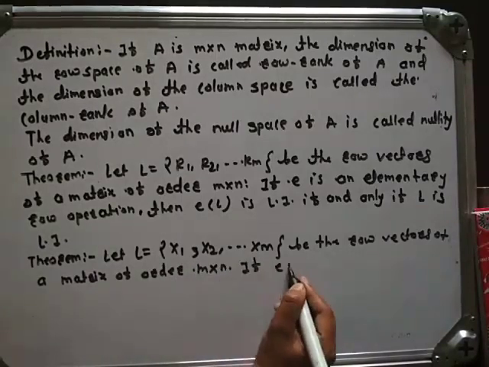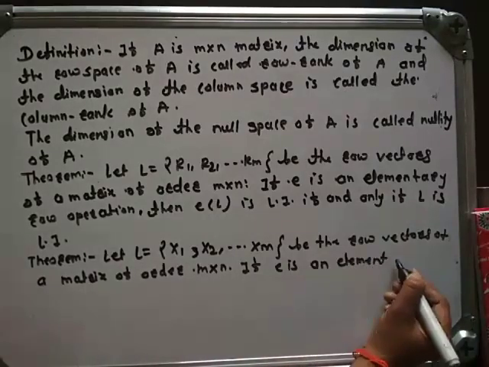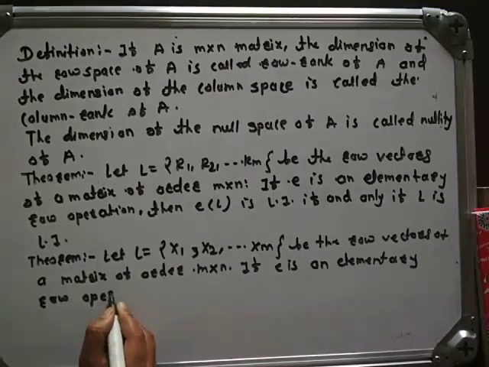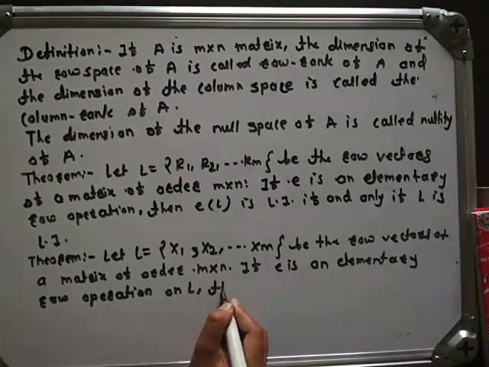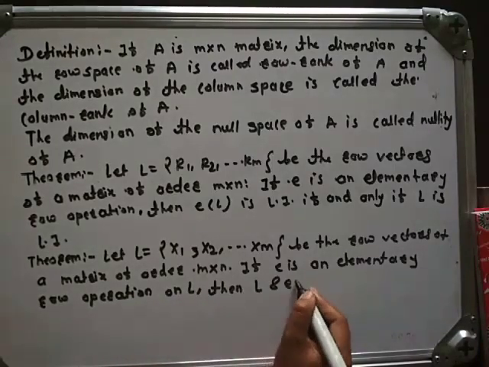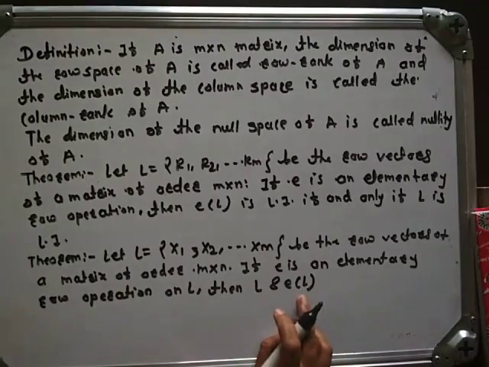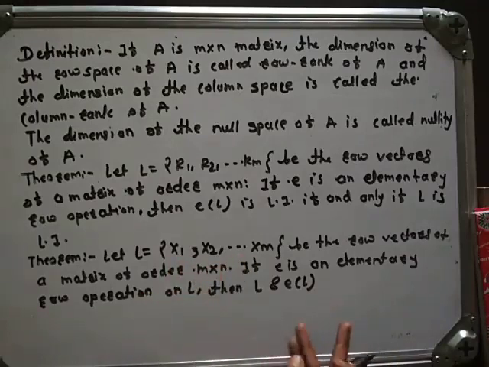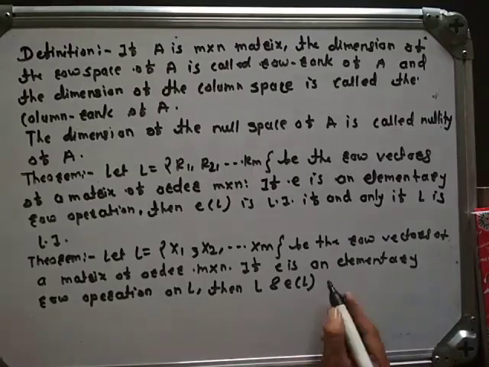If E is an elementary row operation on L, then L and E of L, where E of L is the set of all row vectors obtained by performing an elementary row operation, have the same number of linearly independent elements.